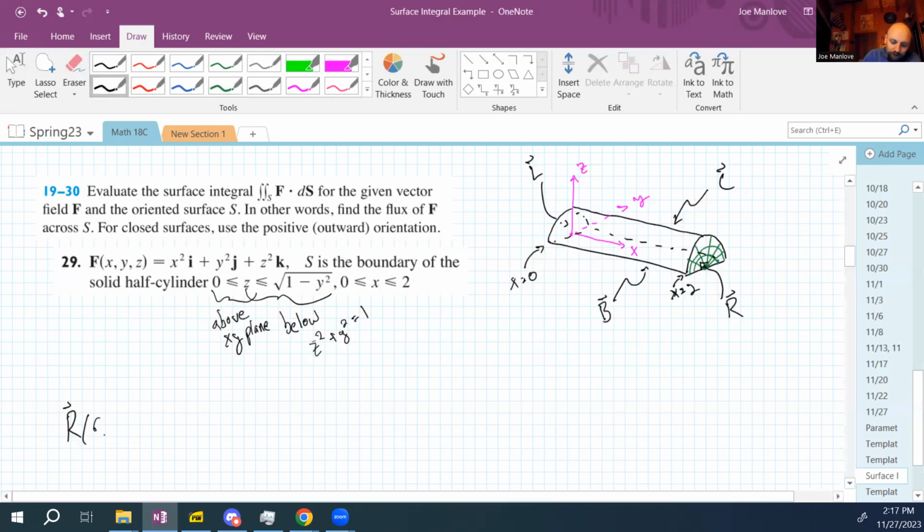So I'm going to say this is a surface, capital R, which is a function of lowercase r and theta. That means that x is 2, y is r cosine theta, and z is r sine theta.